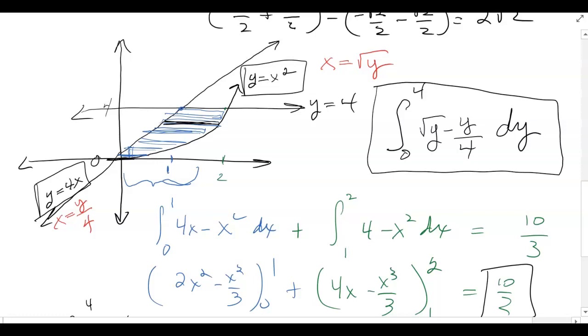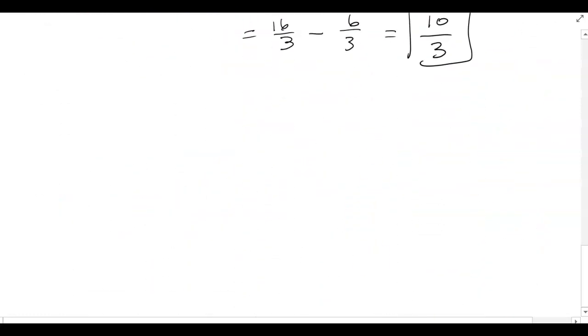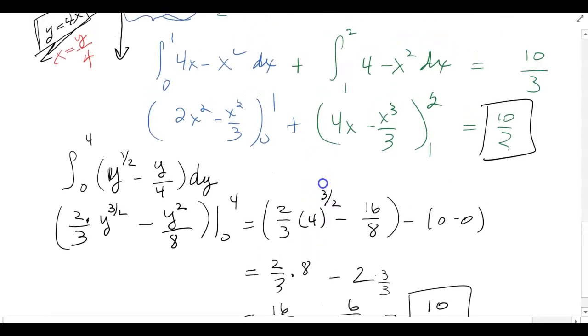So ultimately, your formulas for finding the area between two curves can be done with respect to x or with respect to y. And sometimes you have to look at the picture, sometimes it depends on how it's given to you, but a couple things to keep in mind.